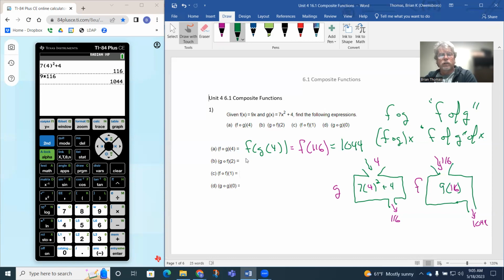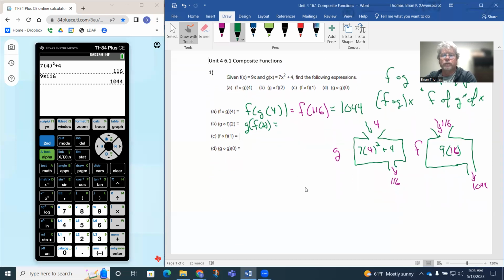My next function is g of f of 2. The way this is written is g of f of 2. Again, you have to evaluate f of 2 first.